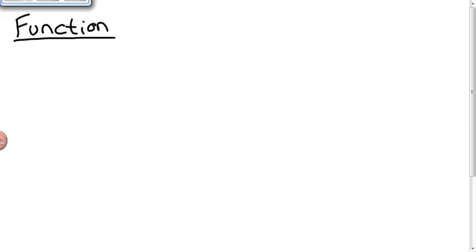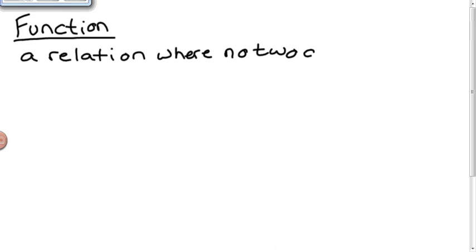So in order for an equation or a graph to be an example of a function, it is simply a relation. Now a relation can be anything we want, any set of points, any kind of graph, where no two different points have the same x-coordinate point.